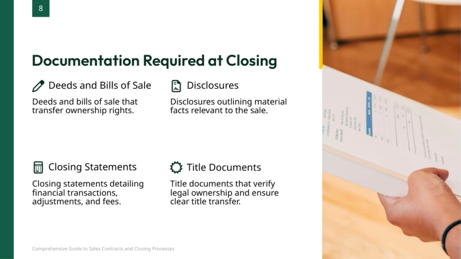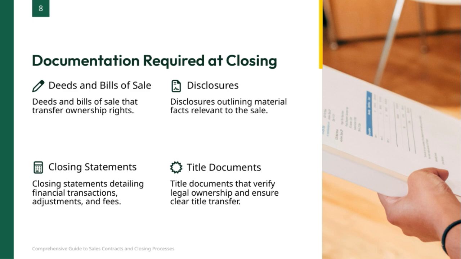Then, we have the closing statements. These detail all the financial transactions involved in the sale, everything from the purchase price to any adjustments or fees. It's important to review these carefully to understand exactly what's being paid and received. Finally, there are the title documents. These verify legal ownership and ensure that the title is clear of any liens or claims.